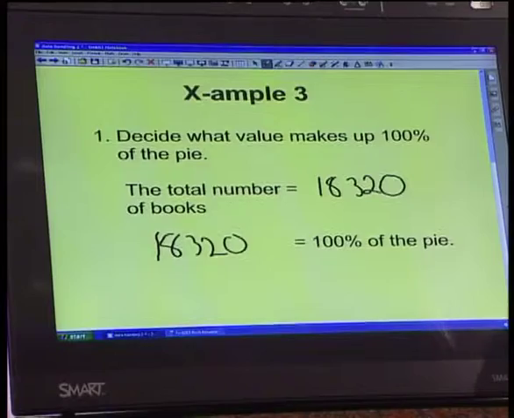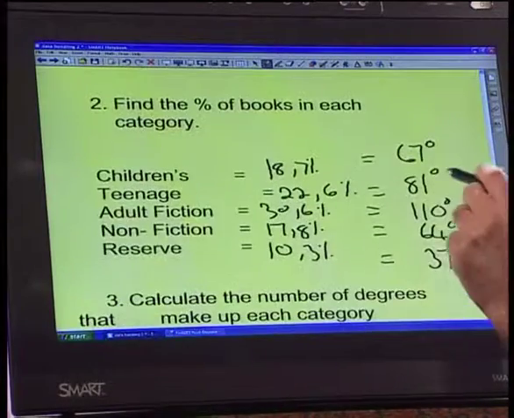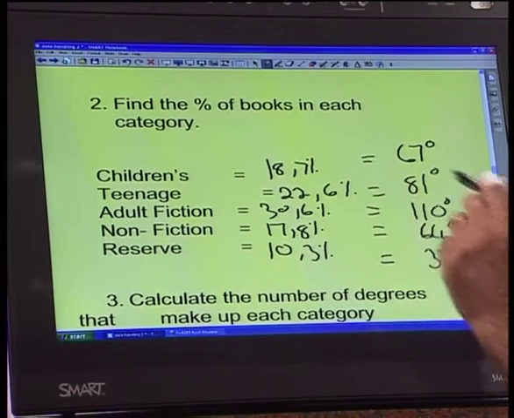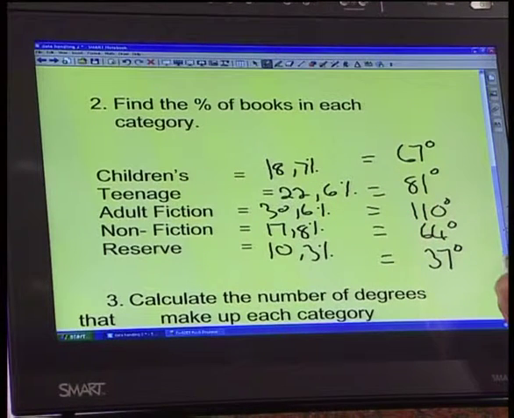Let's fill in the last couple of values. 81 degrees, that's nearly 90, is 22.6%.